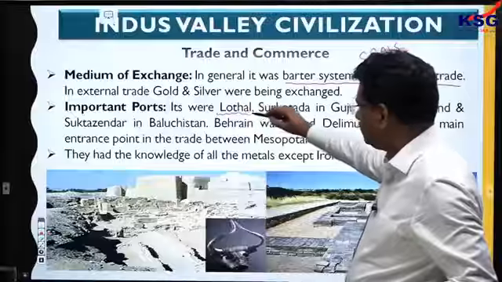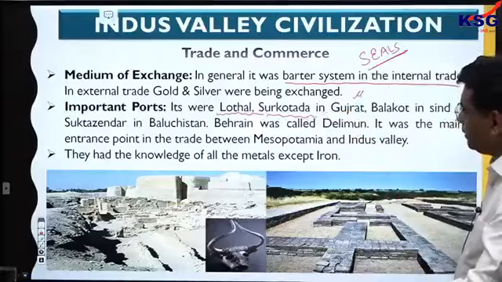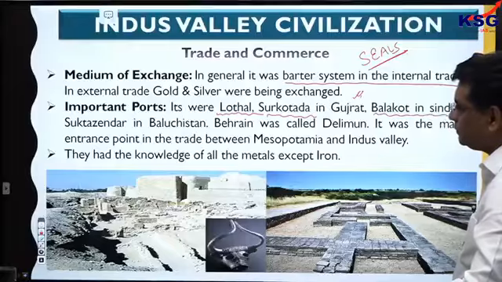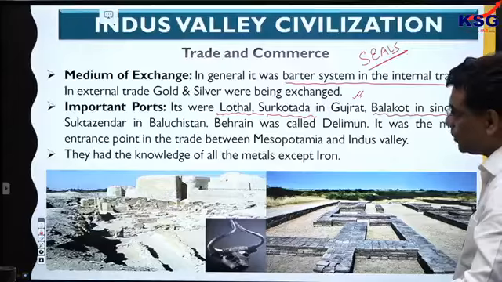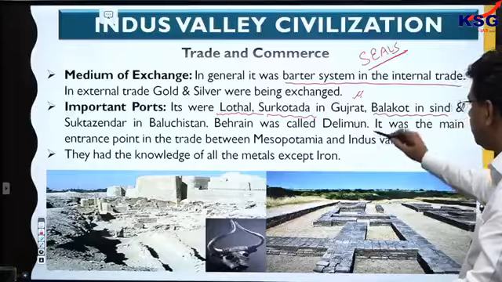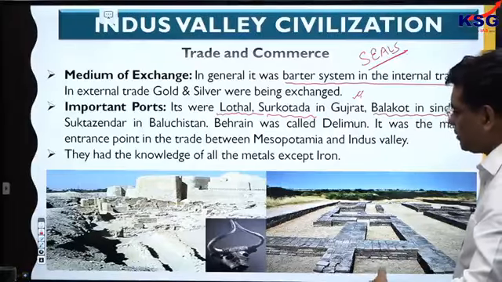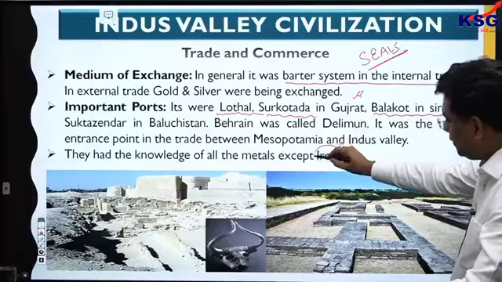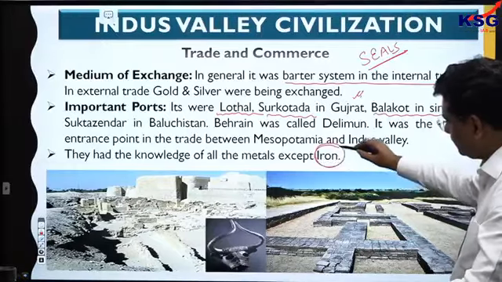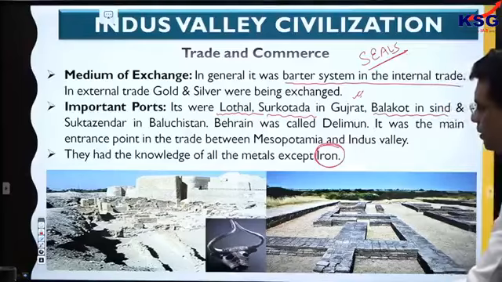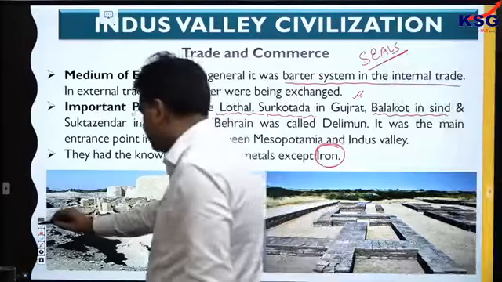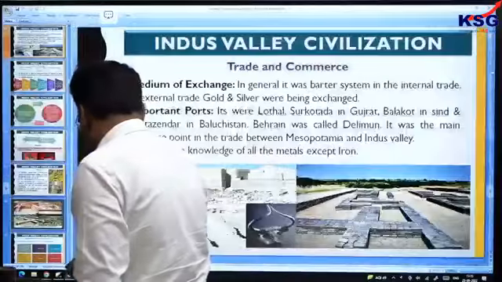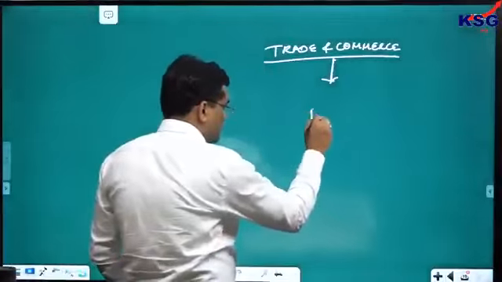Lothal, Surkotada in Gujarat, Balakot in Sindh, Sutkagendor in Balochistan. Bahrain was called Dilmun. So they had very intermediate positions for trade. Except iron, they knew everything. So what are the important ports?